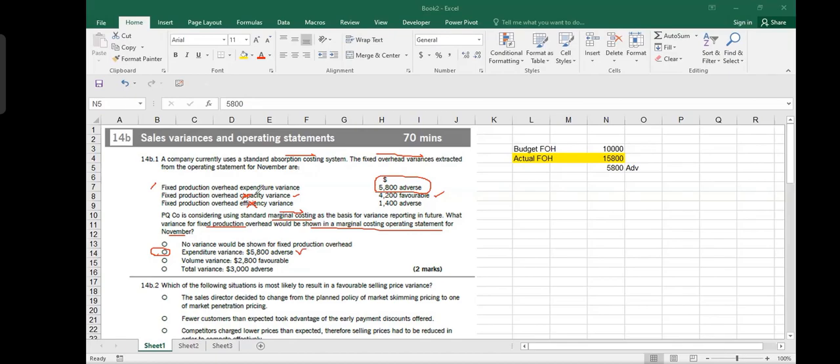Capacity, efficiency, they go in absorption costing. If you produce more, you produce less, you do under absorption, over absorption. They don't happen in marginal. In marginal, you just write down the fixed amount straight away. So the answer to 14B1 should be option B, 5,800 adverse.